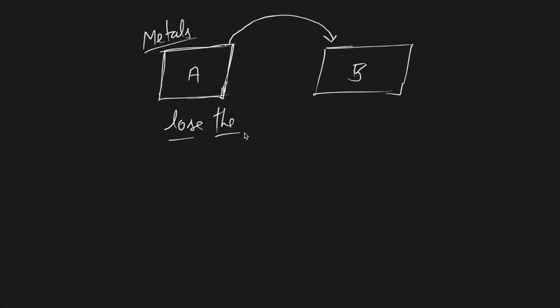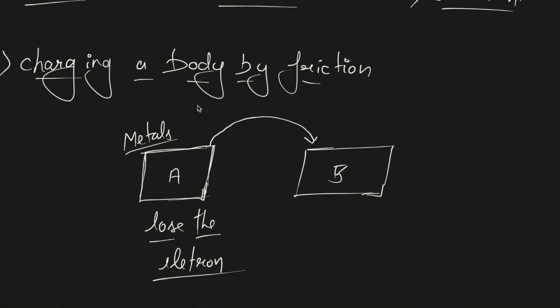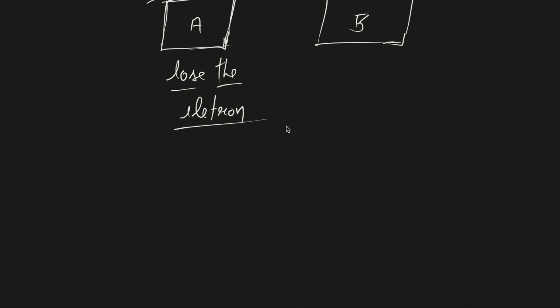They lose the electrons, and the other body should have the tendency to acquire electrons. In most cases, only then can we transfer the charge by friction. Yeah, the charging of a body can happen.